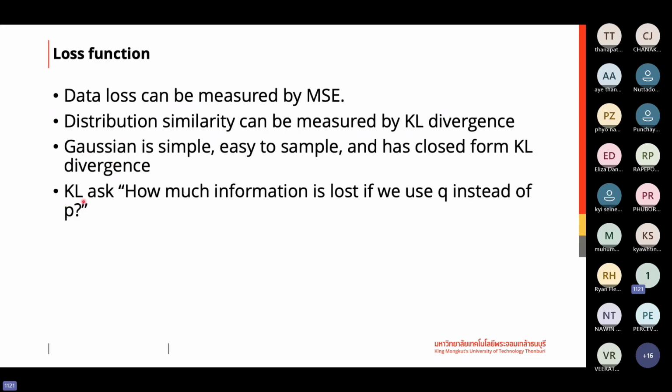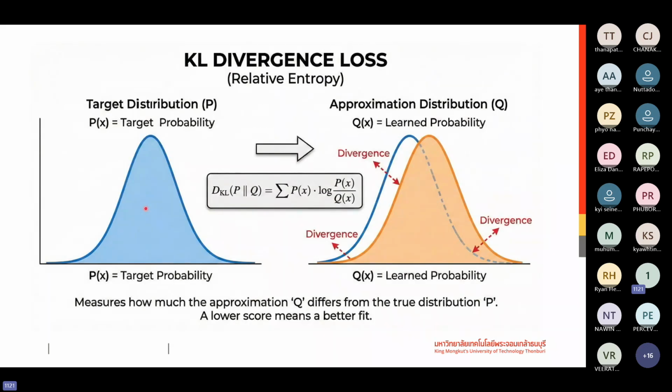The KL divergence, Kullback-Leibler divergence, asks this question: how much information do we lose if we use Q instead of P? If we use one distribution instead of another, what would happen? This is the image showing KL divergence.